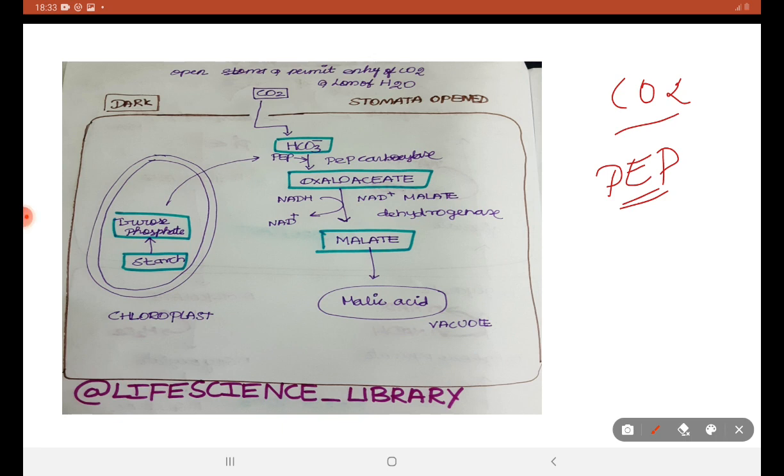This occurs in the cytosol. This is cytosol, this is vacuole, this is chloroplast, and this entire thing occurs in mesophyll cells. Oxaloacetate is reduced to malate and then to malic acid. Hope this picture is visible and this explanation is clear.